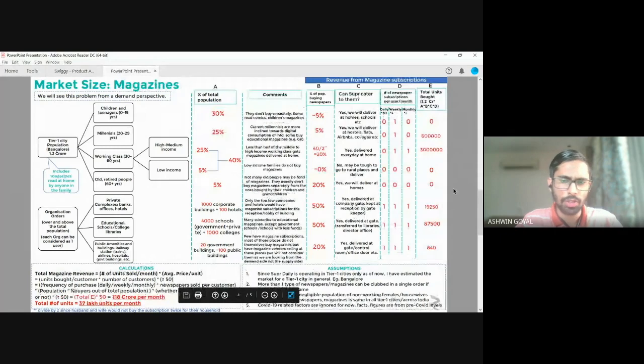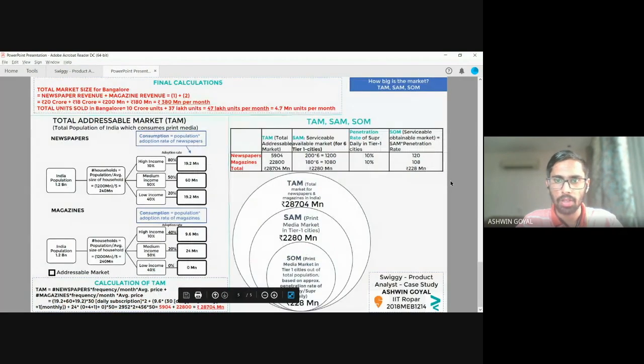So I'll share this with you. You can take your time to go through this, understand this. This is a basic estimate. This is not very complicated. There's just a lot of text, so you will not be able to understand at one glance. Then I've identified the total addressable market, serviceable addressable market, and serviceable obtainable market.